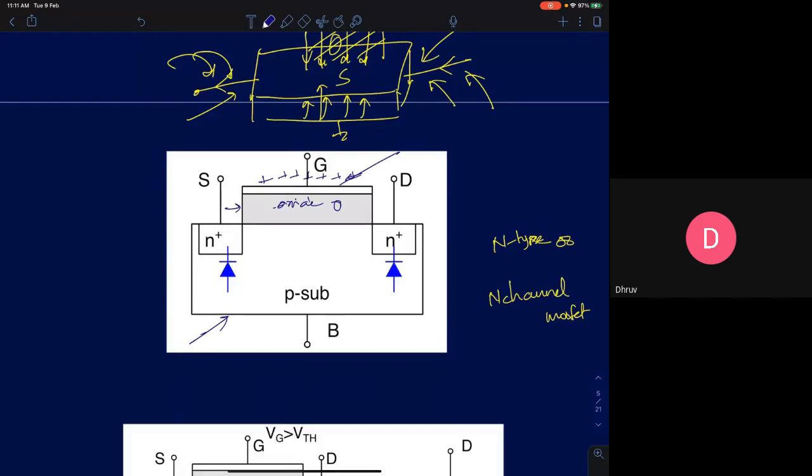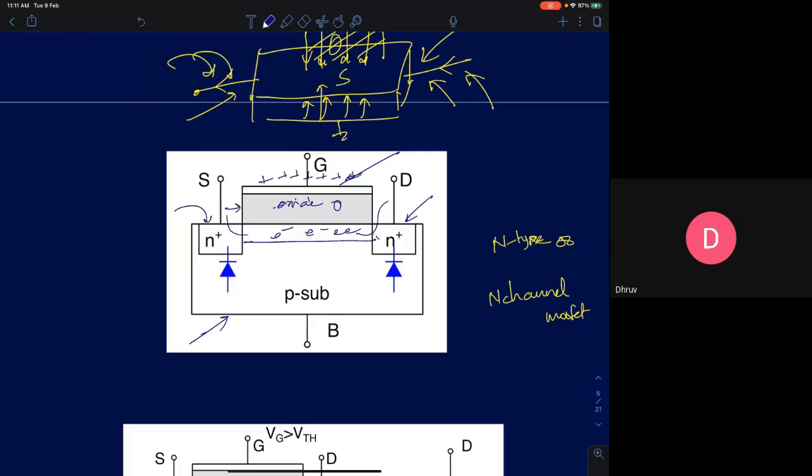So you have a metal, oxide, and semiconductor. The structure will look like this, and we have two more terminals, which will be heavily doped N plus regions. The reason why these are N plus is that we are expecting electrons to crowd near the surface. If this is an N plus region, then electrons can easily flow from this semiconductor into the output terminals.